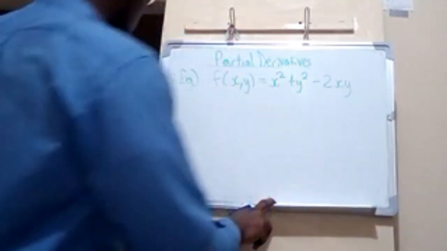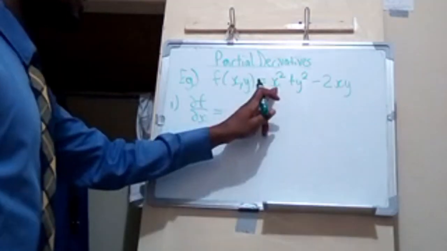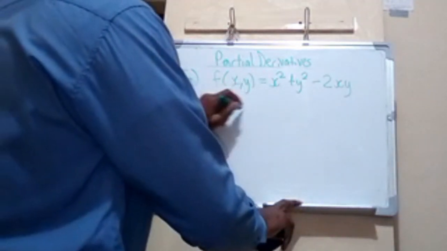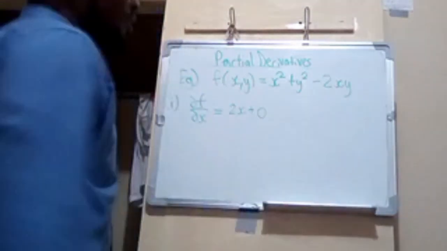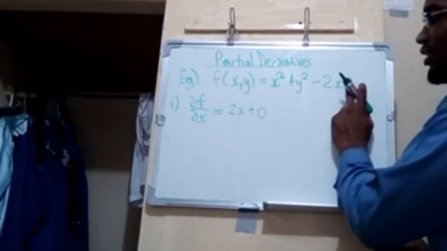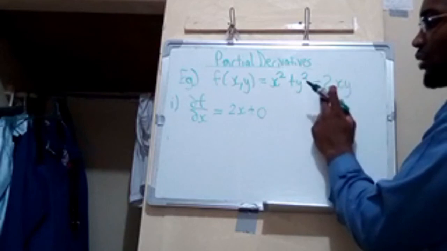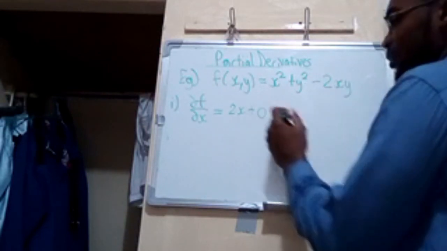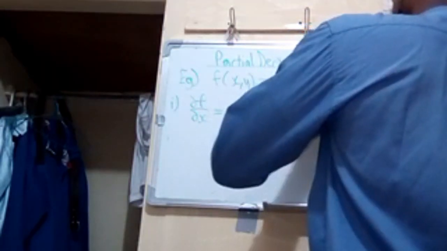For the first partial derivative, ∂f/∂x: differentiate x squared we get 2x, differentiate y squared we get 0, because y squared is now a constant. Differentiating minus 2xy with y constant, we get minus 2y, which is 2x minus 2y.